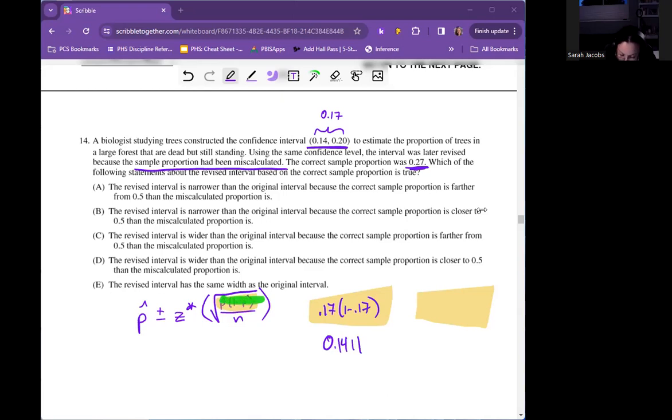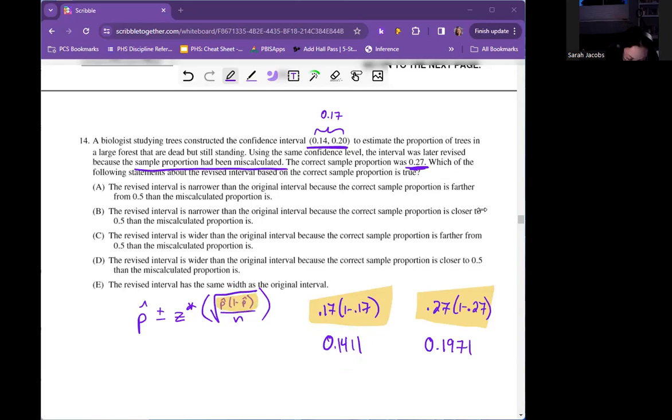So that numerator within the radical is this. If it's 0.27, you get 0.27 times 0.73. It's larger. So this number getting bigger is going to make our confidence interval a little bit wider.